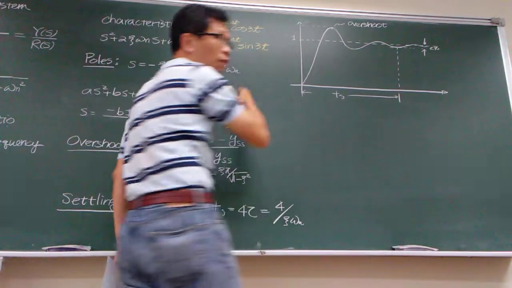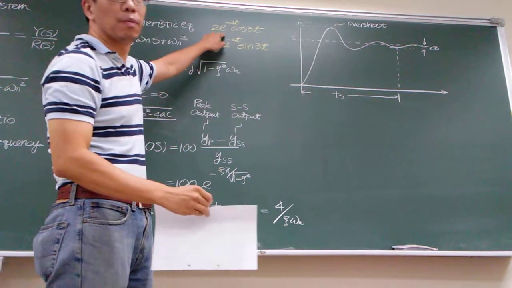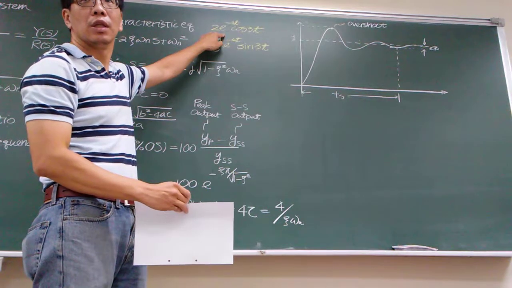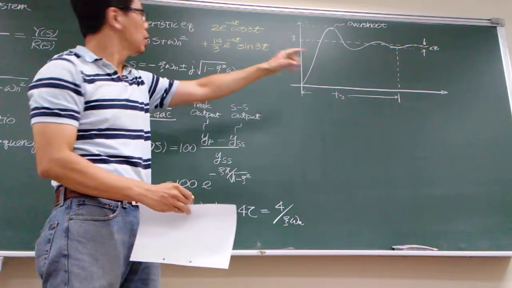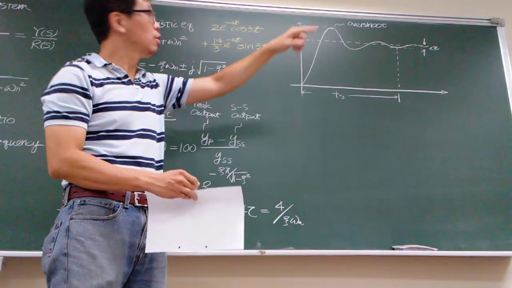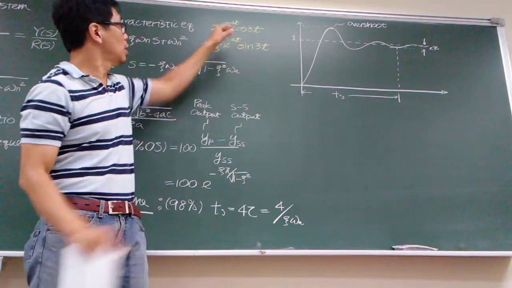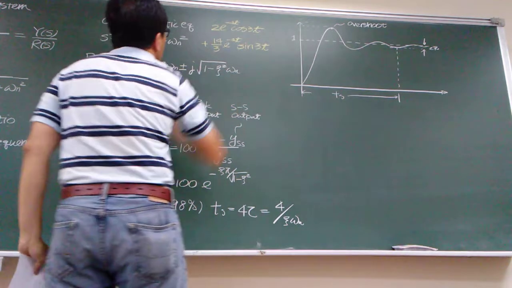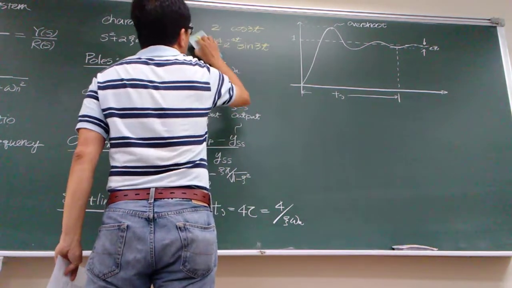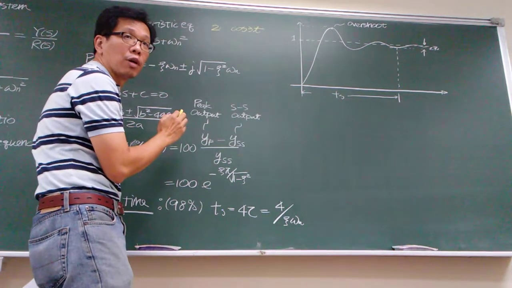I think this is problem 4, if I'm correct. So the exponential term over here is what? Decay. Cosine and sine over here is what? Oscillating. So let me ask you a question. If this one over here is gone, and we just have one thing over here, what kind of output are we going to look at?